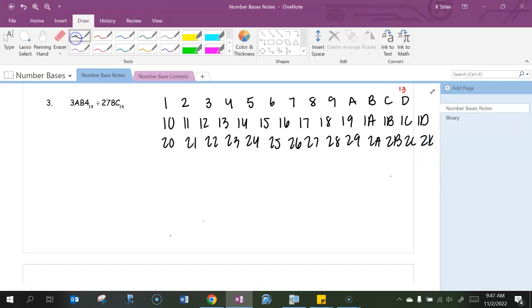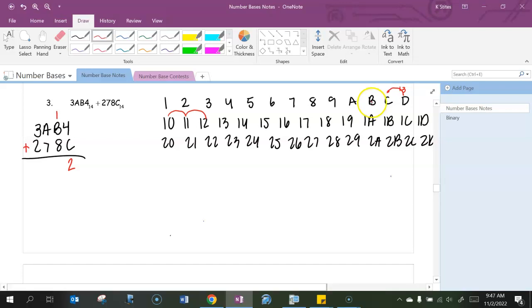Okay, so now let's try this. We're going to do 4 plus C, which is easier to do as C plus 4. So C, 1, 2, 3, 4. That's going to be 1, 2. Okay, we have B plus 9, basically.